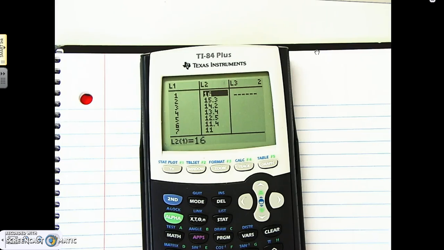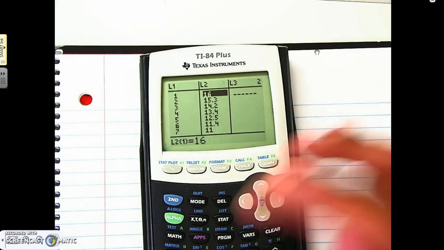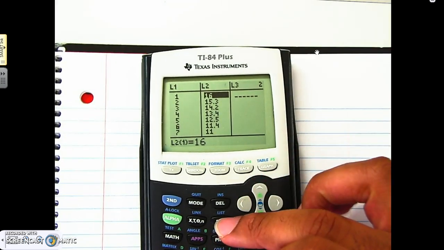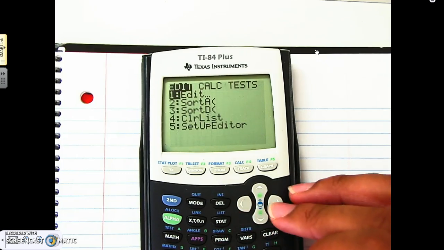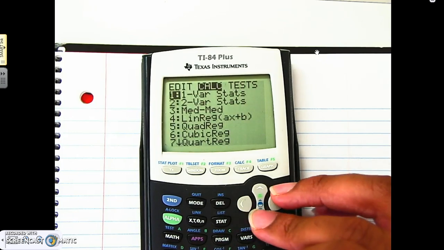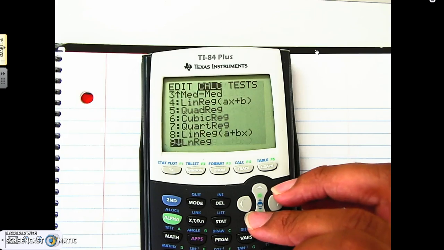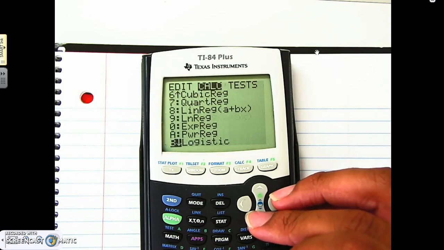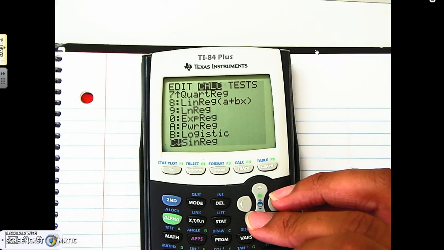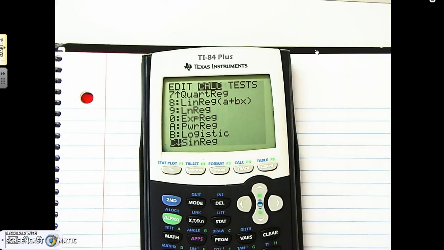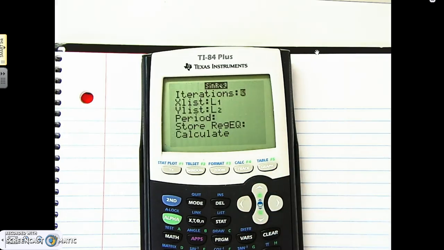So now let's go ahead and create that equation, and we're looking at a sine equation. So here we're going to hit stat again. Now that we have the numbers in, hit stat, go to the right again, and this time we're going to go to SinReg. That's SinReg, and we're going to hit enter. Let's keep it at 3 iterations, and you'll see what that means in a few minutes.